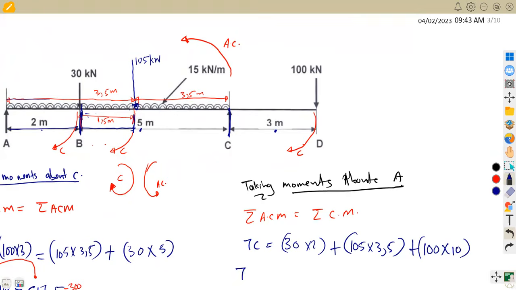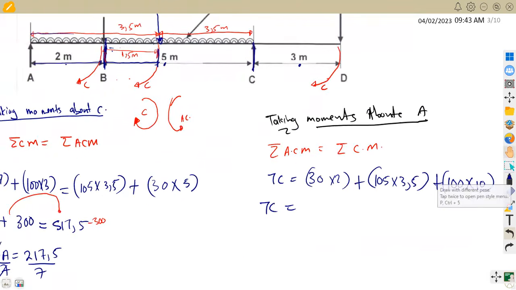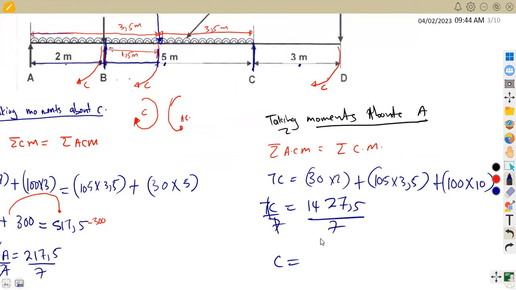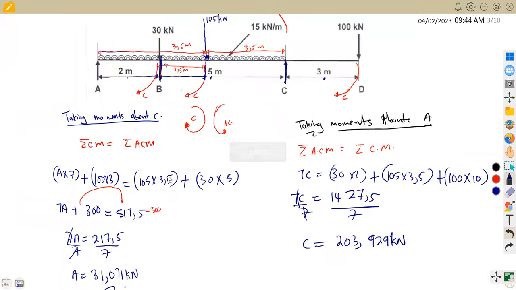All right, so 7C is equivalent to, combining everything on the right-hand side, 1,427,5. So if we divide by 7 both sides to find the value of C, we are going to obtain 203,929 in kilonewton.